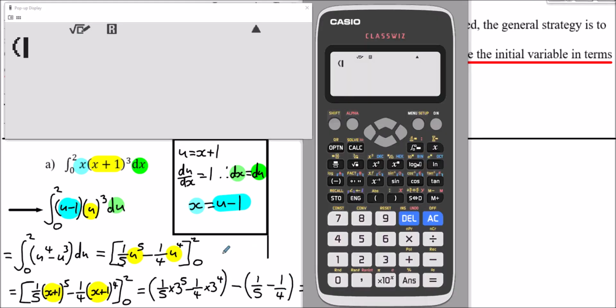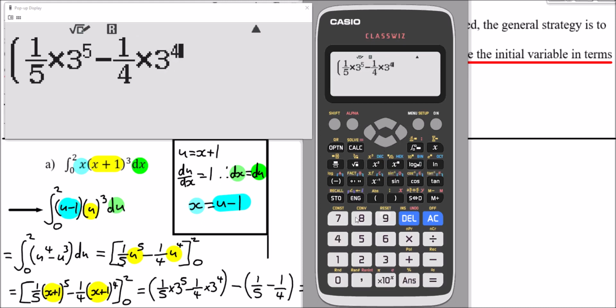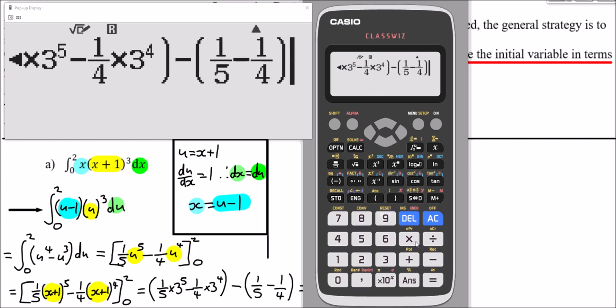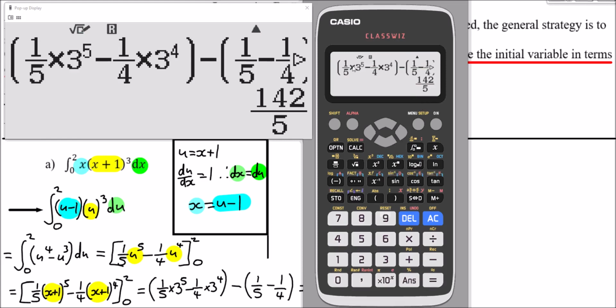Put brackets in, 1/5 times 3 to the power 5, minus off 1/4 multiplied by 3 to the power 4, close, and minus brackets 1/5 minus 1/4. Press equals. We get 142 over 5.